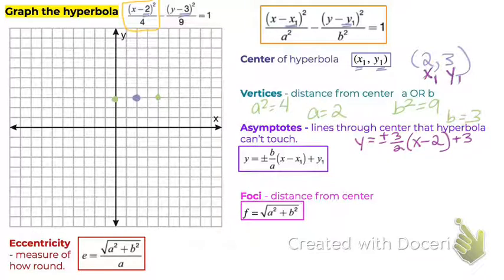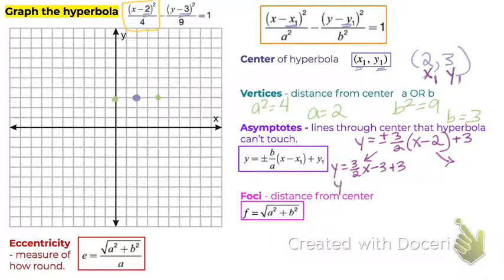Okay, in order to graph this, I'm going to have to do a little bit more simplifying than the last one, but we're going to separate it into 2 equations. Let's do the plus one first, and I'm just going to distribute that 3/2 to the x, and when I multiply 3/2 times -2, I get -3, and then plus 3.